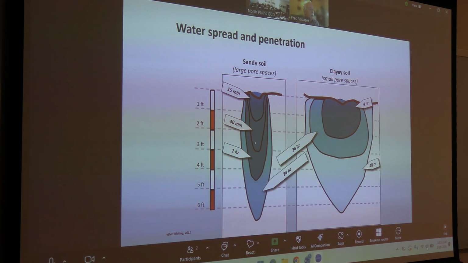The sand infiltrated very rapidly, but we didn't get much lateral infiltration. So that becomes an important consideration, the soil texture and the depth of our infiltration, and, you might say, the lateral infiltration. These are all going to have an effect.